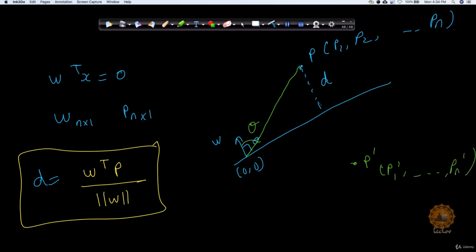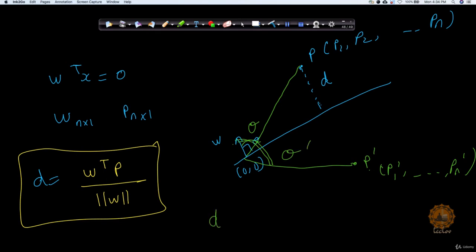In this case, what is going to be the formula? If you think about it, this W and this point P dash are in two completely different zones. The angle also is going to come like this, because remember there is a cos theta term, so the angle is going to become theta dash.